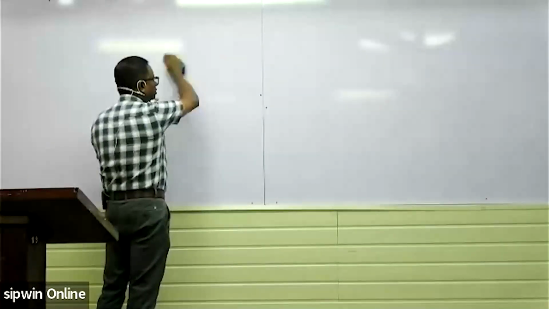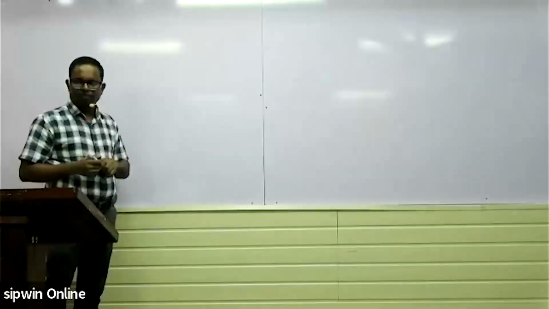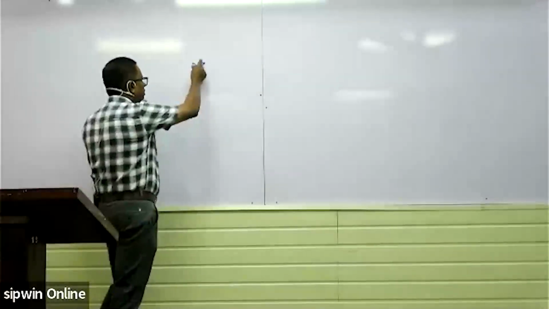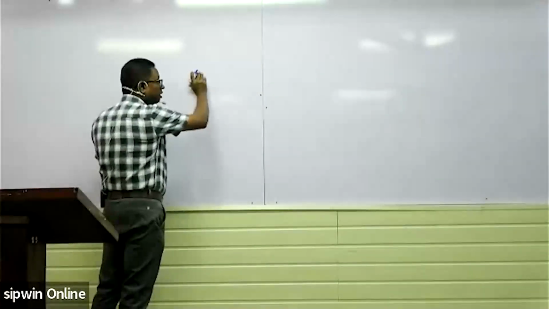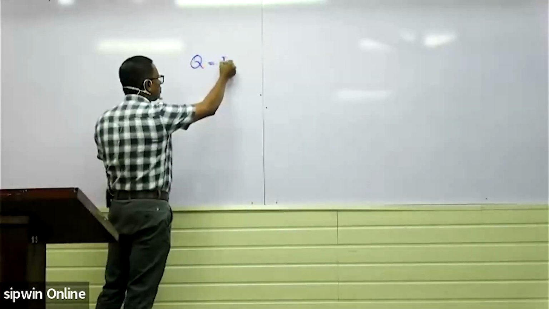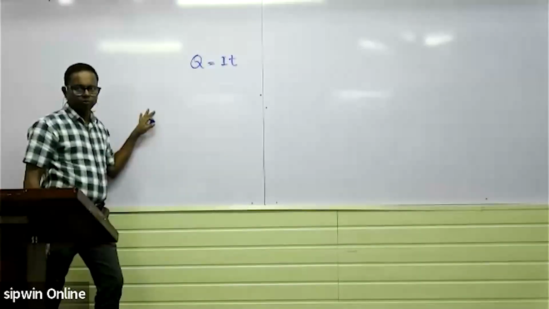When you're doing the electrolysis, now we have an idea of the electrolysis process. No need to draw the diagram again, right? How many coulombs do we pass? Quantity of electricity, Q equals IT, coulombs.